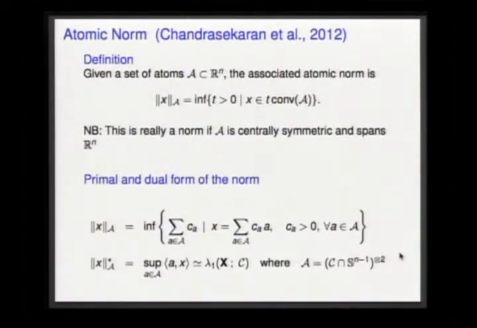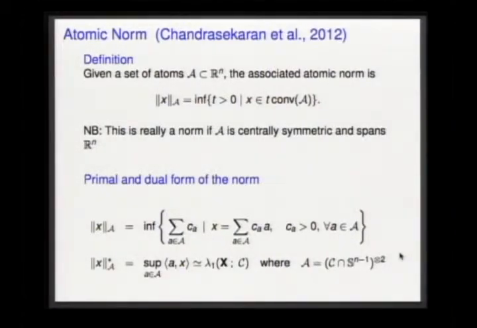If the input vector is expressed as a convex combination of the elements in the atom set, we define the norm as being the sum of the coefficients of the convex combination. So the infimum over this set of real numbers is going to give us the value of the norm.